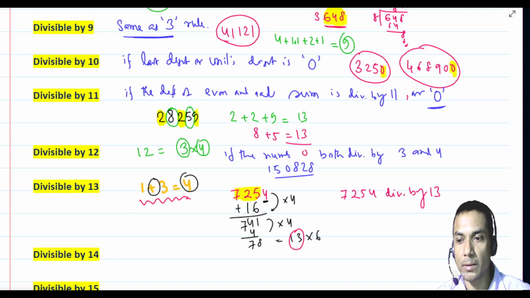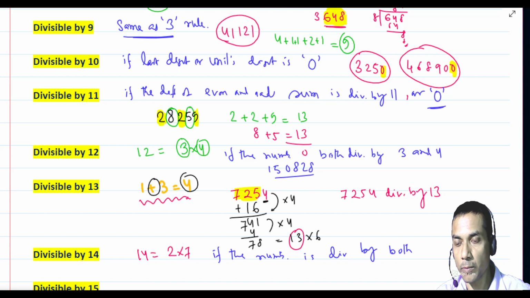Next is divisible by 14. You get 14 from the factors. What are the factors of 14? 14 is 2 and 7. So if the given number is divisible by both, it is so important, both 2 and 7, you check both.